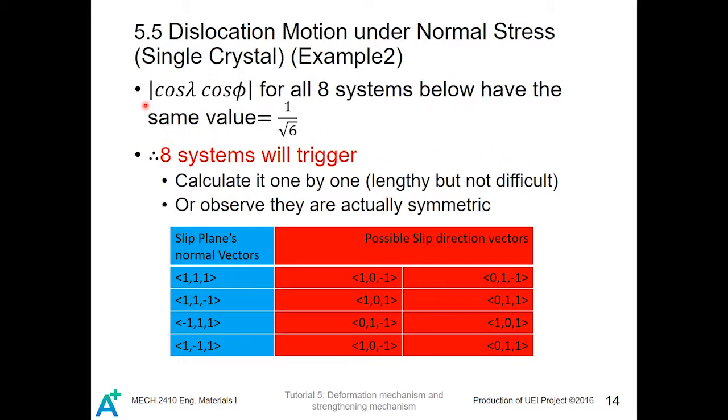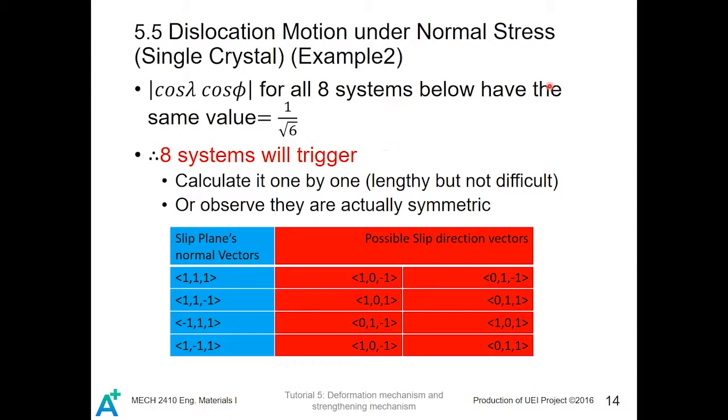Okay, so actually this value for all 8 systems below have the same value, which is equal to 1 over square root 6. And that means 8 systems will trigger in the above loading conditions specified.